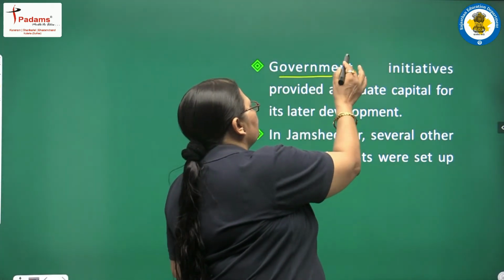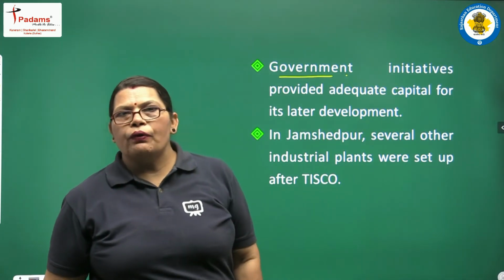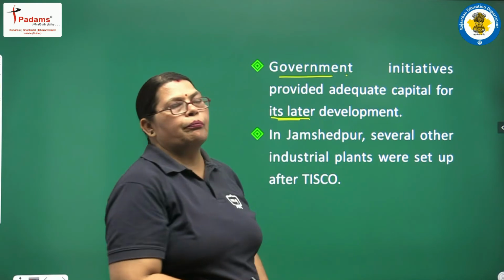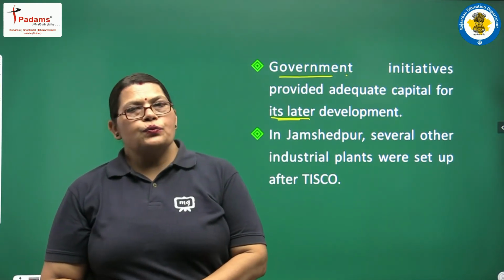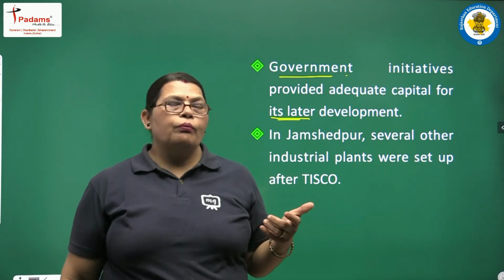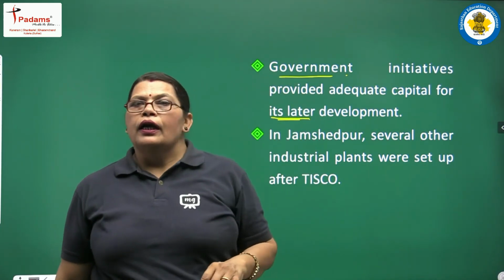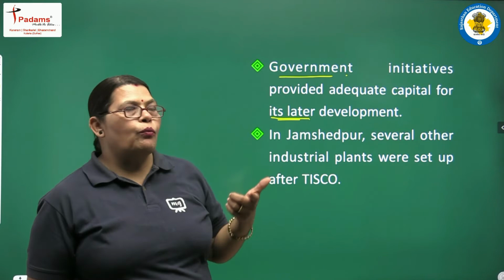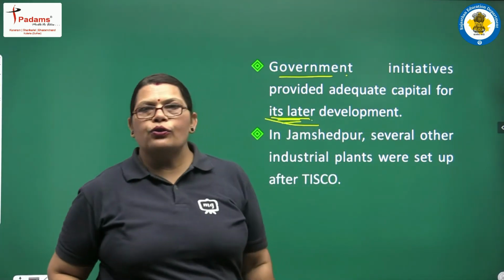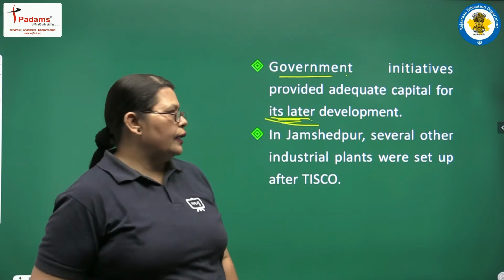And the government also took initiative by providing adequate capital for its later development. Before this, only private sectors were going on, but after that the government also took initiative and provided adequate capital for the development of the iron and steel industries.